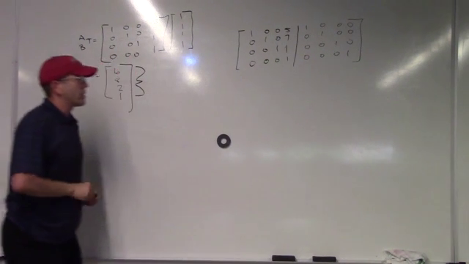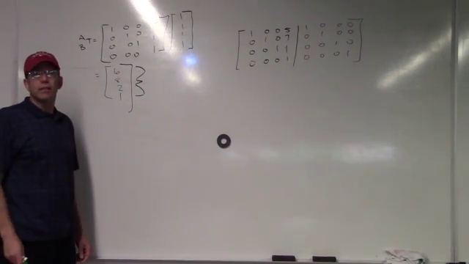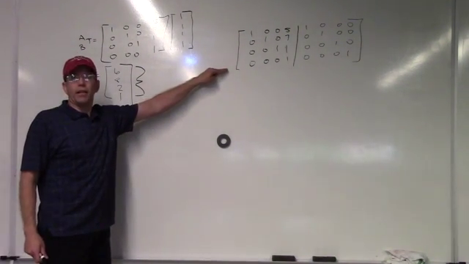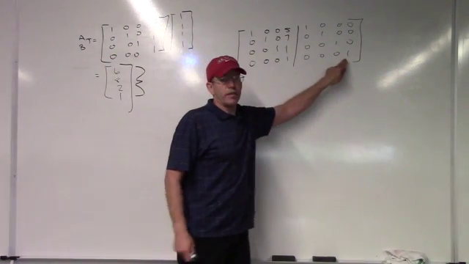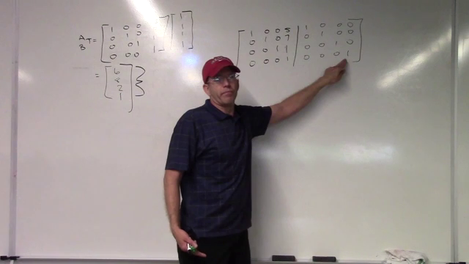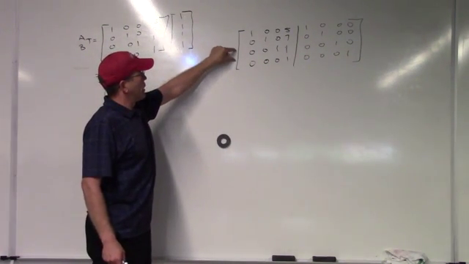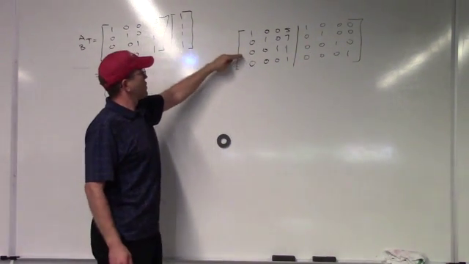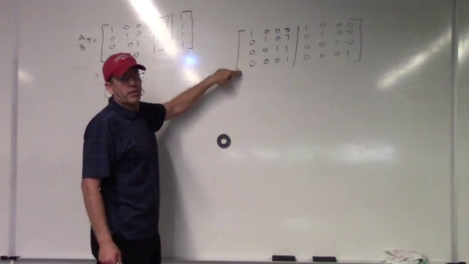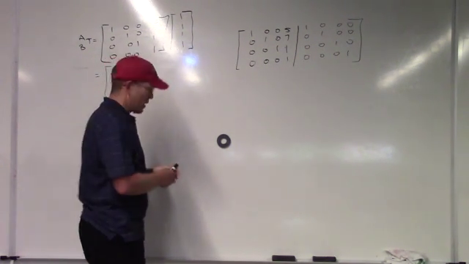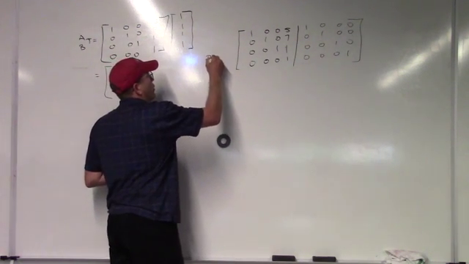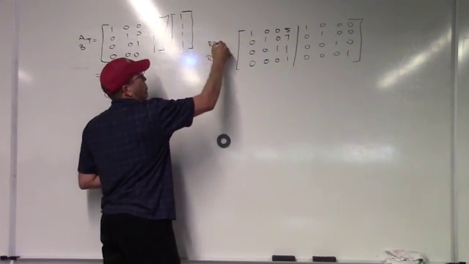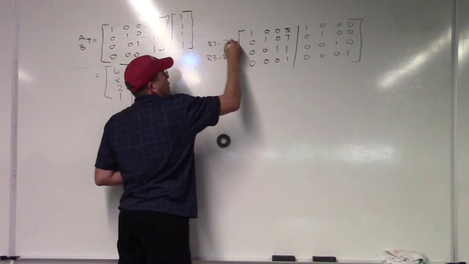Okay, what row operations are we going to have to do here? Nothing here, right? This is already the same as this, so the last row is done. In order to get this set up the way we want it, that is 0, 0, 1, 0, we're going to have to take row 3 minus row 4. Here we have row 2 minus 7 times row 4.